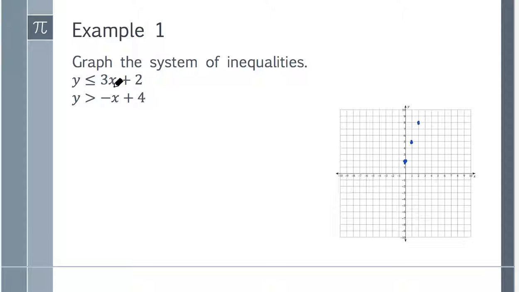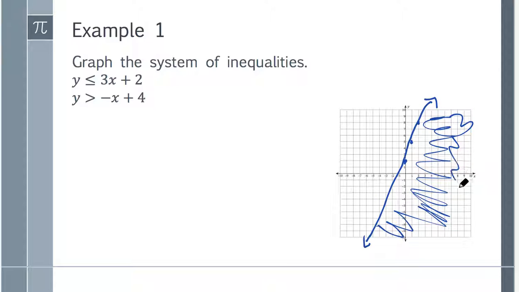Remember, we stop and think: it's less than or equal to, so we draw a solid line. We can test a point to figure out whether to shade below or above, but the shortcut is that it's less than, so I know I'm going to shade below. So it's all the area over here.